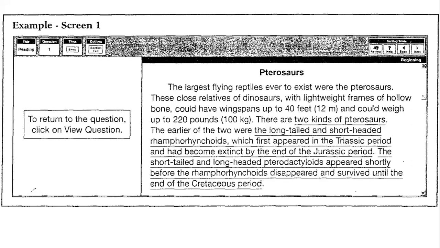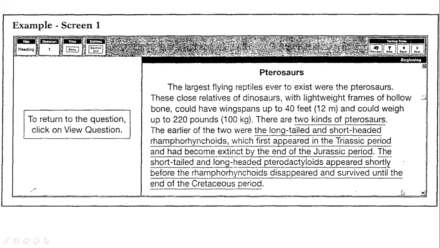And the passage goes on to state that the short-tailed and long-headed pterodactyloids appeared shortly before the rhamphorhynchoids disappeared and survived until the end of the Cretaceous period.